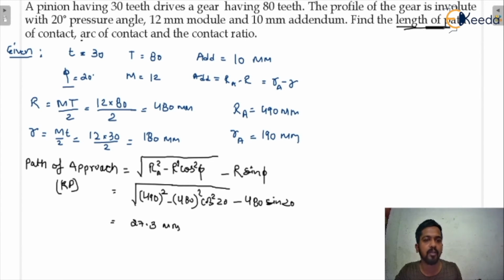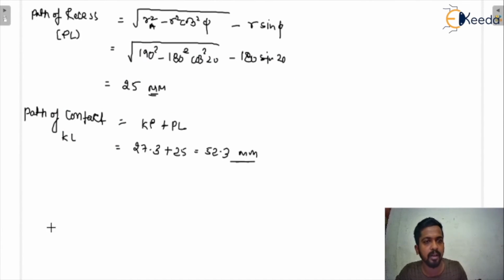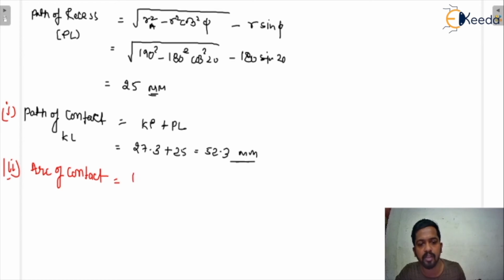Now in the second part we need to calculate the arc of contact, and arc of contact is equal to path of contact upon cos phi. You just have to learn the formula accurately.